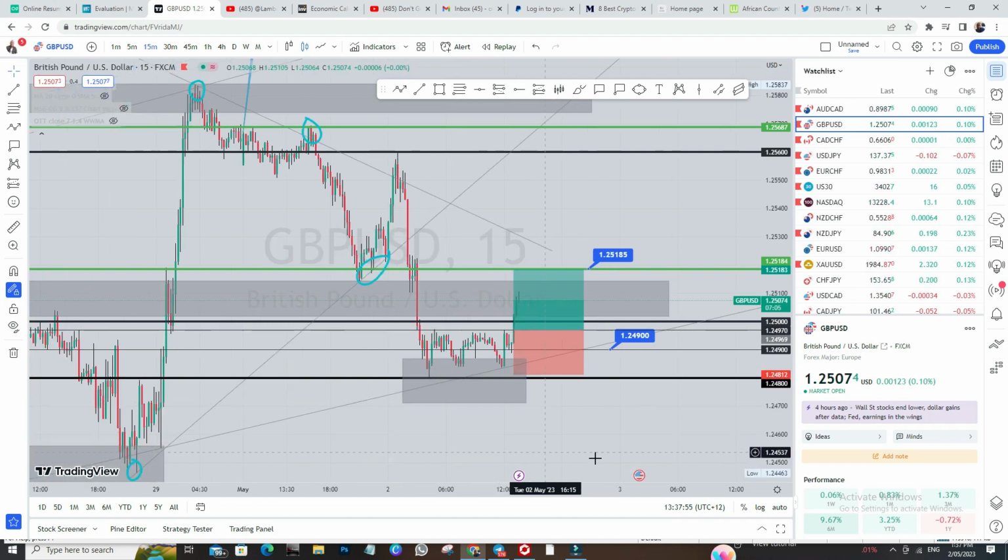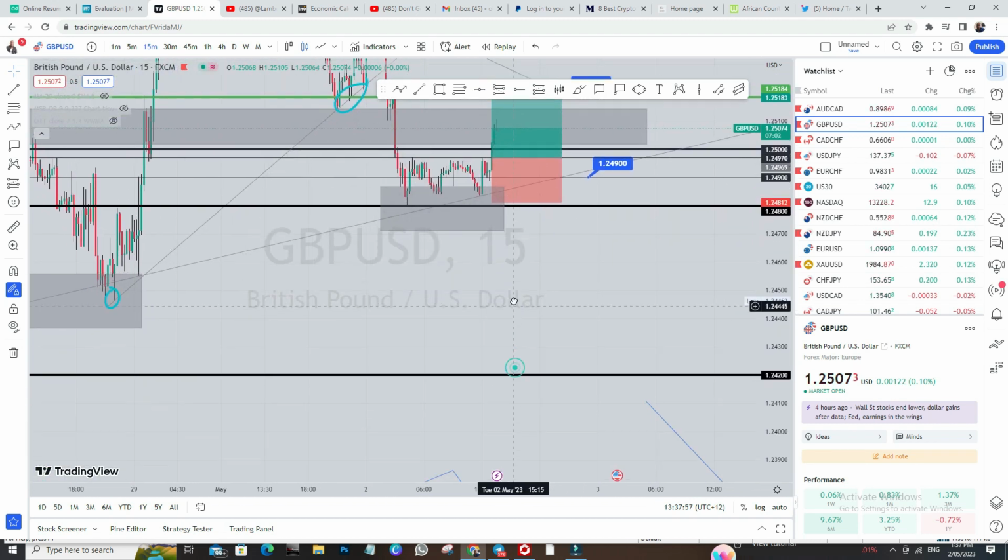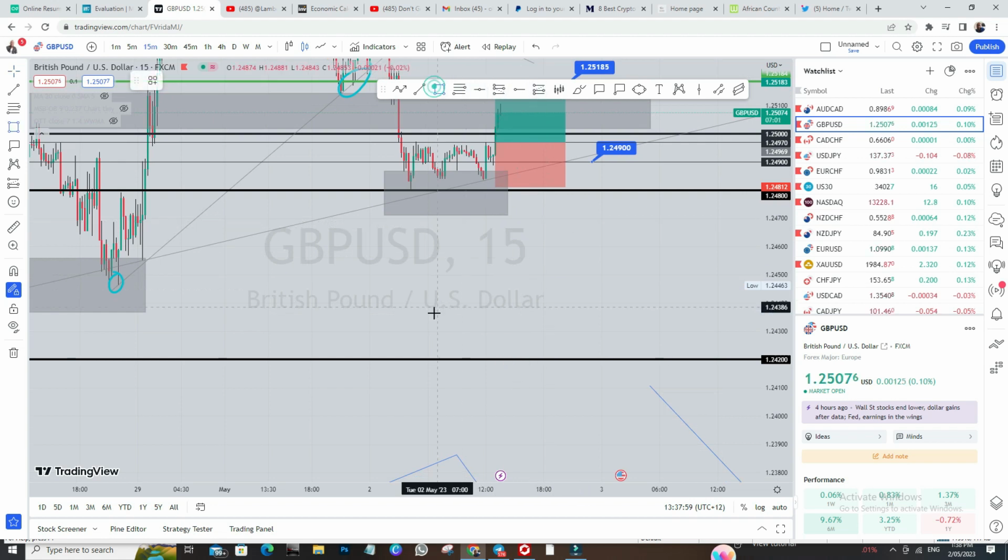I look at the market from a break and retest point of view.